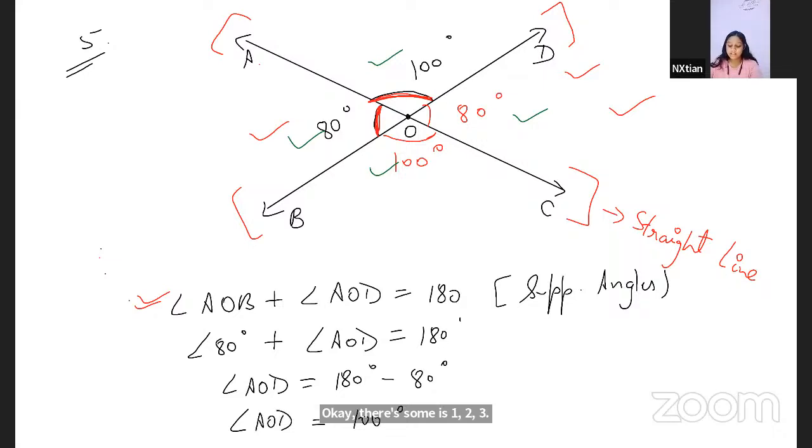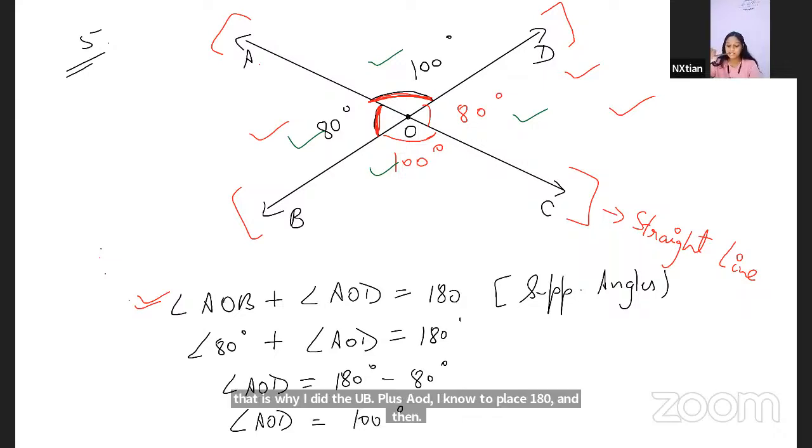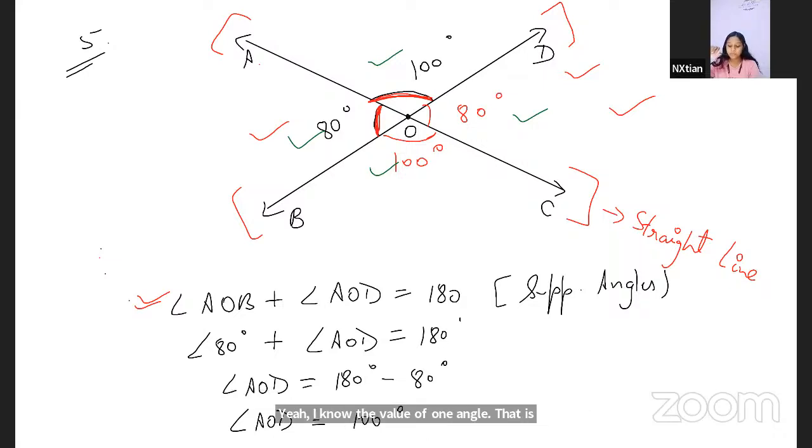So that is why I did angle AOB plus AOD. I know the total is 180 and the value of one angle, AOB, is 80. Plus AOD, which I don't know, equals 180. So from the total, we subtract the angle we know, which is 80. We did 180 minus 80 and we got 100 degrees. This is the supplementary angles method.